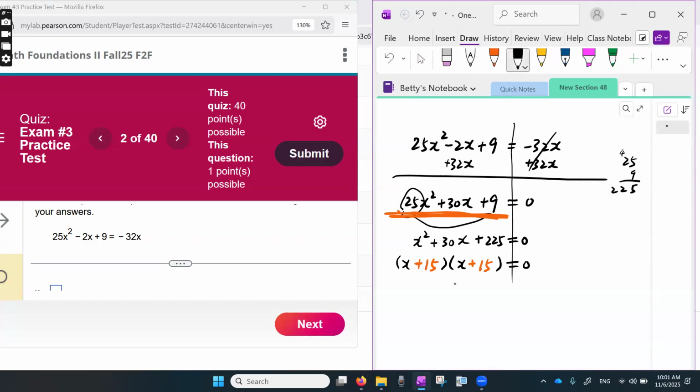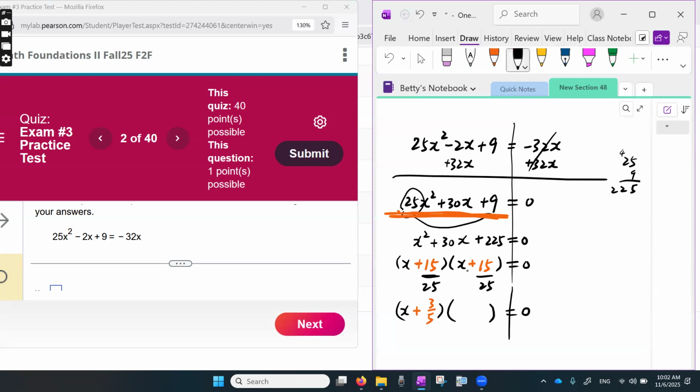We have 15 times 15, 225. 15 plus 15, 30. And then we're going to divide the two numbers by the original leading coefficient 25. Simplify. We have x plus 15 over 25 is 3/5.